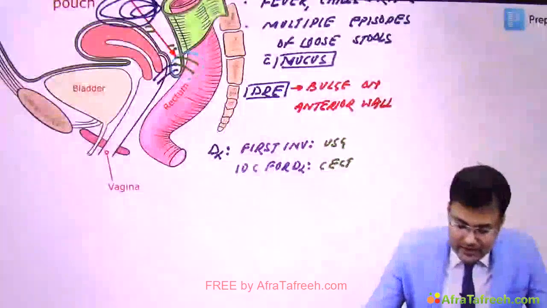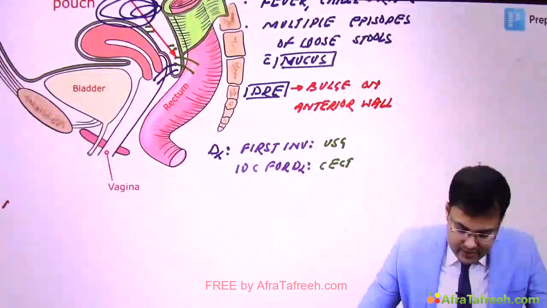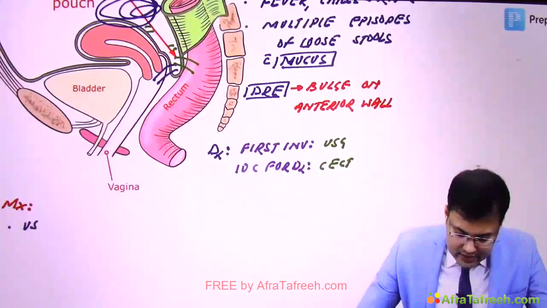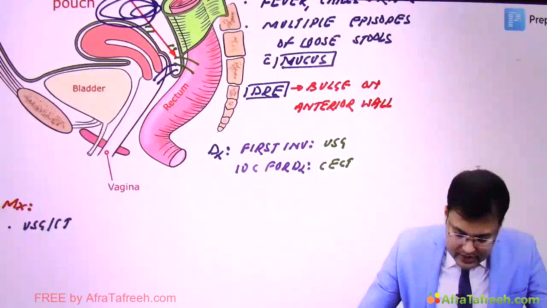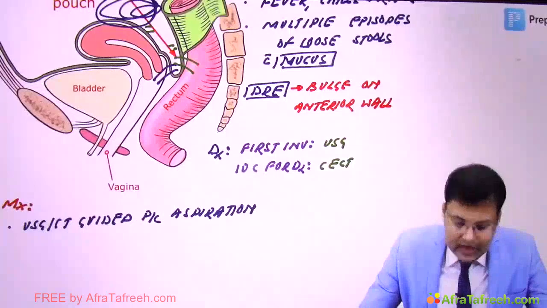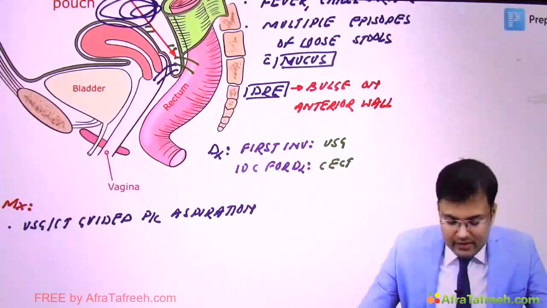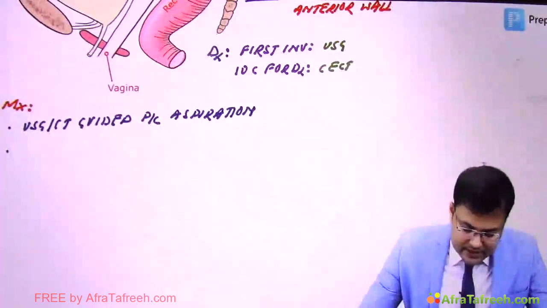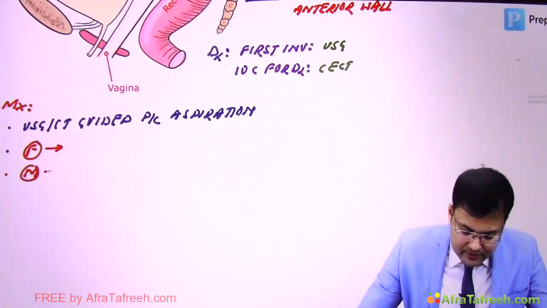So see the management. Preferred is ultrasound or CT guided percutaneous aspiration. This is preferred if a clean window is there, meaning you are able to aspirate and there is no bowel in between. And if it's not possible, in females, we go for posterior colpotomy.